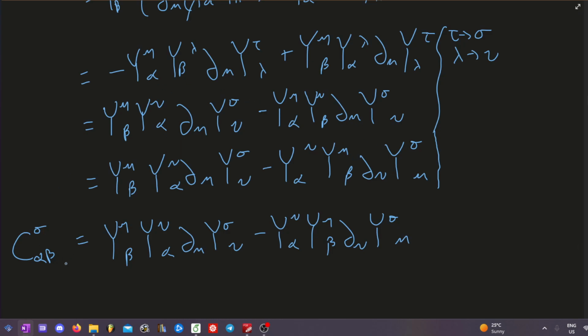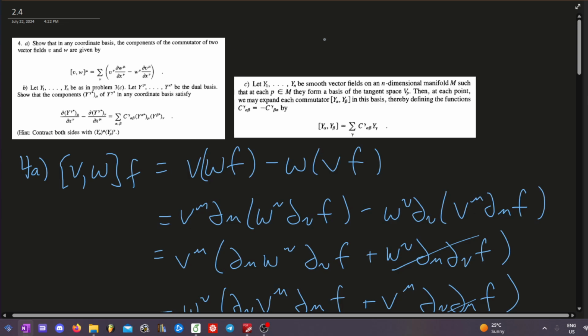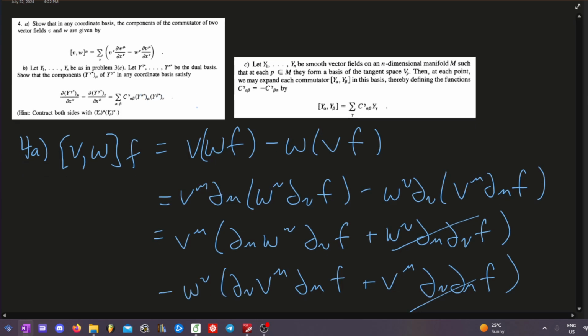We have a c sigma alpha beta, and so we're going to contract now with y alpha mu and y beta nu.